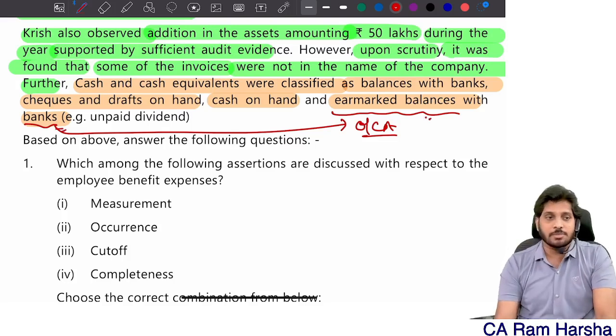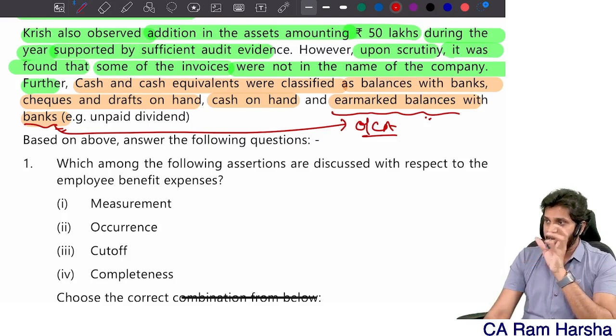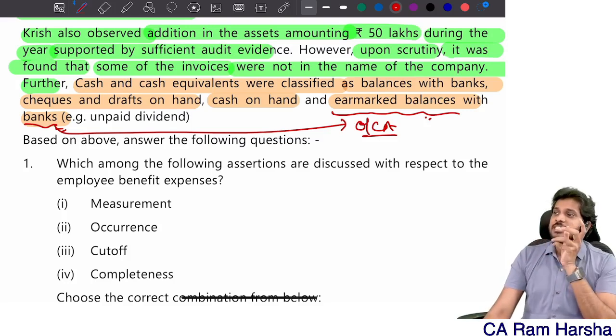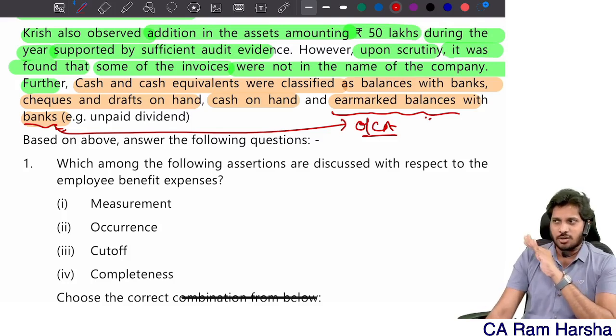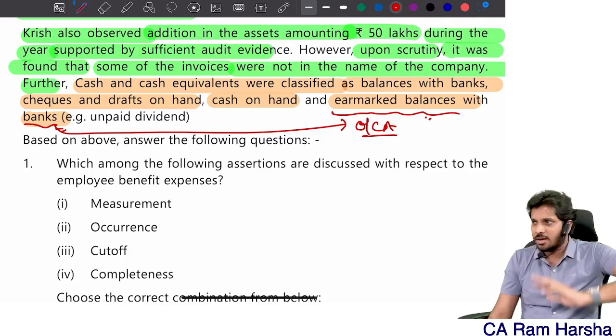Earmarked balances with banks, unpaid dividend account, share application money pending allotment, that bank balance, CSR related amount kept for CSR special purpose. These are all accounts which are not equivalent to cash and cannot be used for general day-to-day expenses. So these are to be kept as other current assets depending upon when you have to pay. Clear?